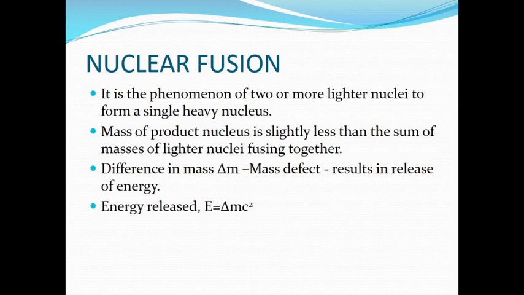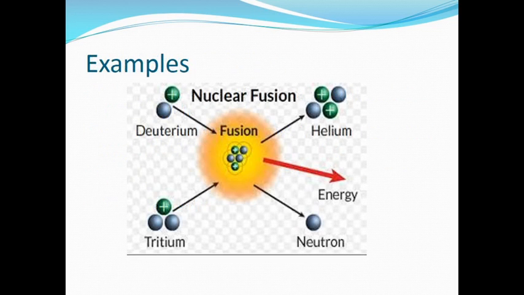So energy released in a fusion process is given by ΔM C². This is an example of a nuclear fusion reaction in which a deuterium and a tritium fuse together to form a helium nucleus along with a byproduct of a neutron and a huge amount of energy.